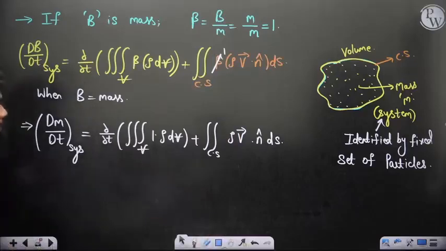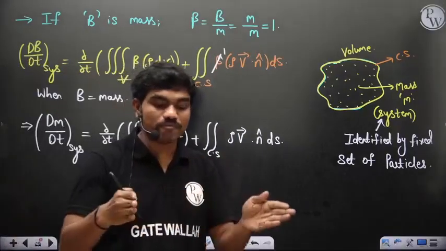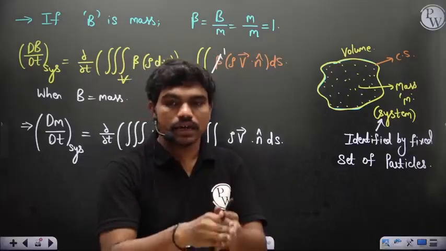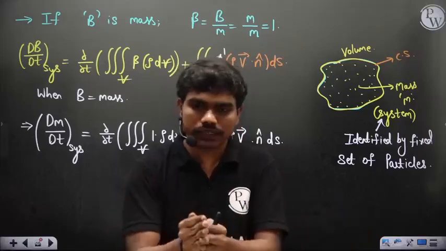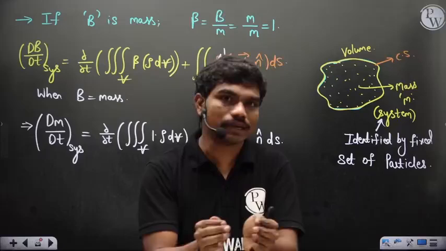ठीक है. Now अगर मान लो कि सिस्टम इज कंपोज्ड ऑफ सेट ऑफ पार्टिकल्स. Now whatever time you take, system definition will not change. मतलब मैंने जो पार्टिकल्स को सिस्टम कहा था वो पार्टिकल्स नहीं बदलेंगे. ठीक है.